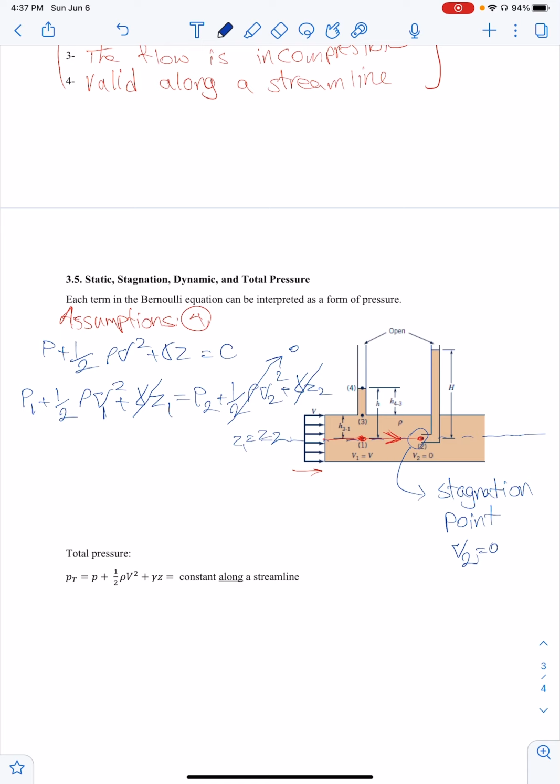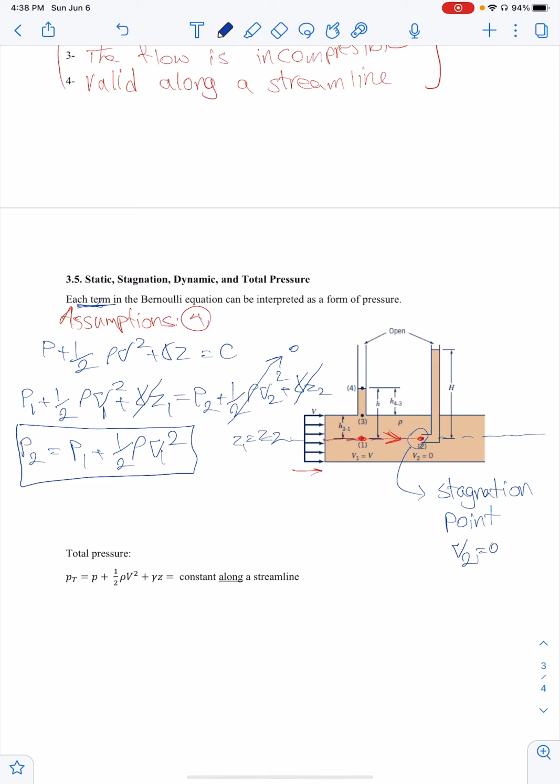And then we have P2 equal to P1 plus half of rho V1 squared. So this is what we get if we apply the Bernoulli equation.